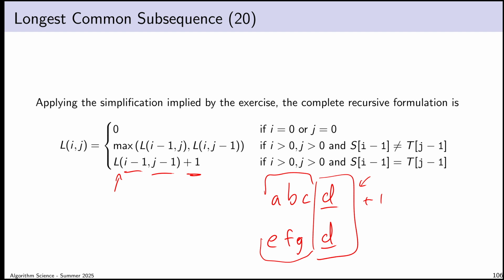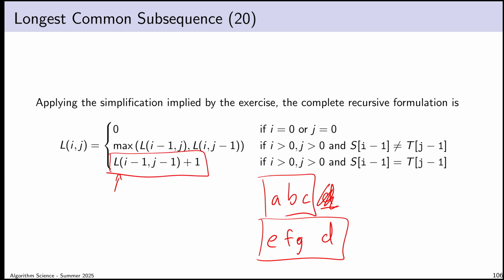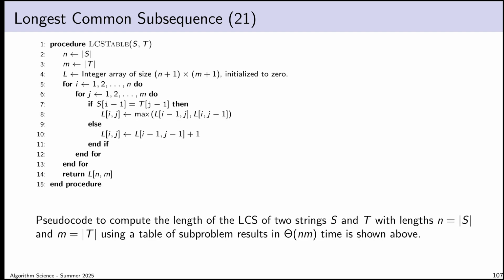On the previous slide, I showed that we could also consider that maybe there's a way where the character D that is duplicated in both of them, if I leave it off, maybe I can still find the longest common subsequence of this and this, or symmetrically, of this and this. It turns out, though, that in any event, the number I come up with will be less than or equal to that. So this can be our full recursive case.